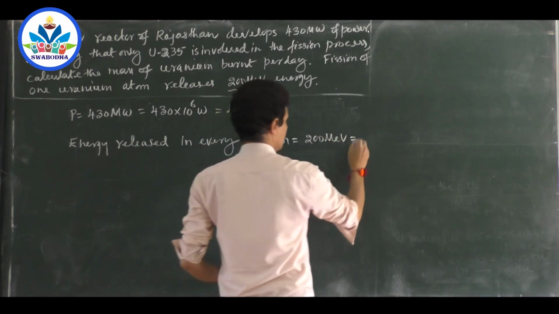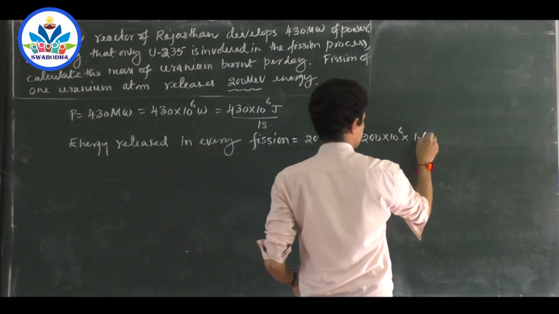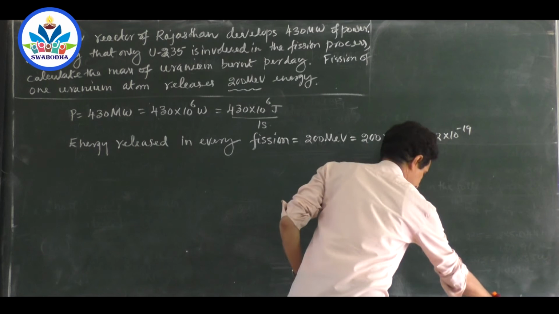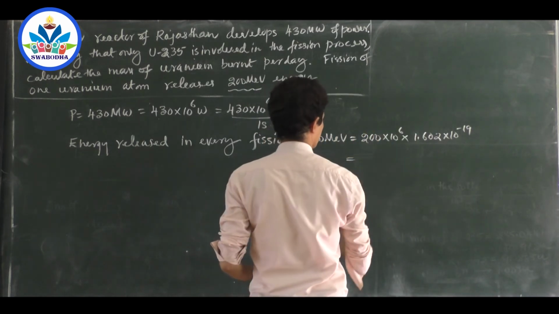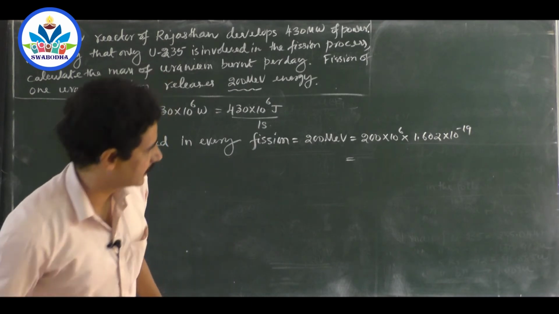That is equal to 200 million into 1.602 into 10 to the power minus 19. That is equal to, how much is 200 into 1.602 into 10 to the power minus 19?